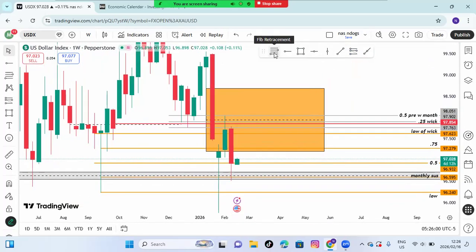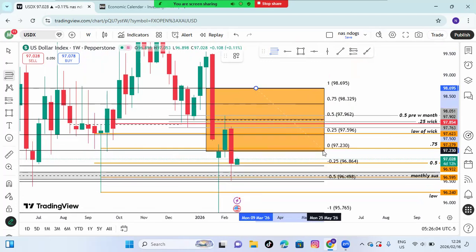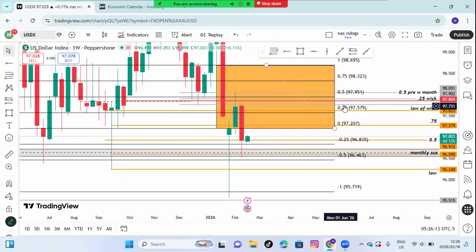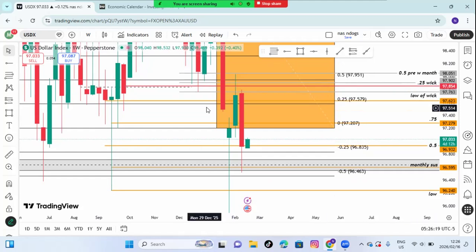So what you can do is you could also use the fib like this. Then we're grading this whole area here, right? By remaining below the lower quadrant, 0.25 and lower, it's telling us that it's weak, right?